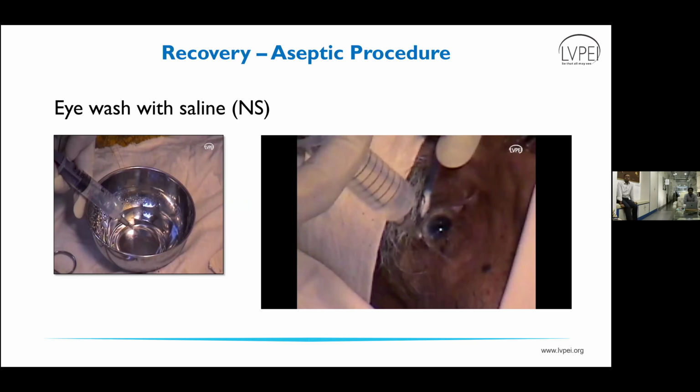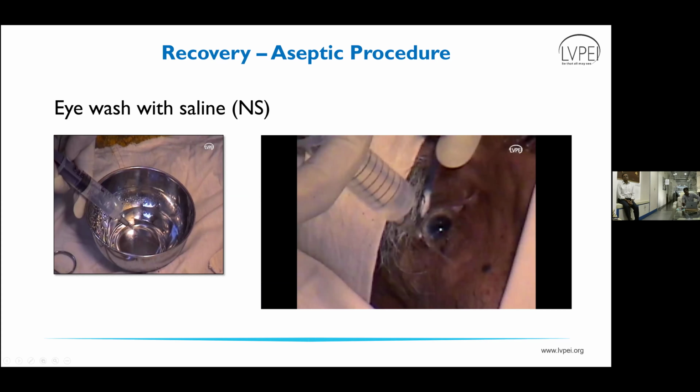Once we have poured the povidone onto both eyes, we have left it for about 5 minutes. Now we have to clean the eyes. After 5 minutes, we have to clean the eyes again with normal saline. Initially, before starting the aseptic procedure we did it one time, and this is the final time, after the aseptic procedure is done.